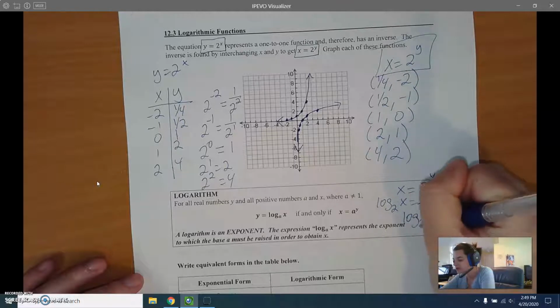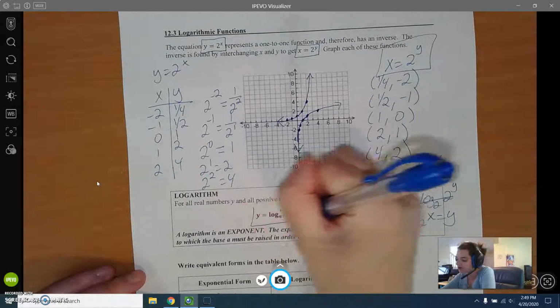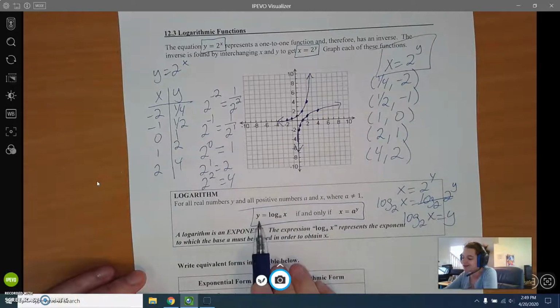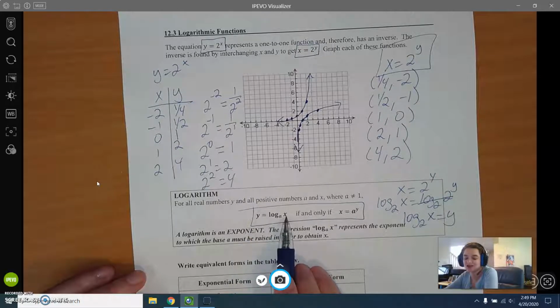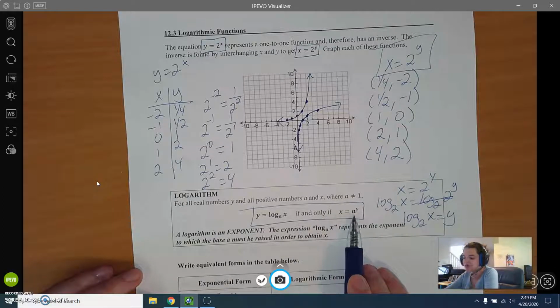So log base 2 of x equals y. That's what that looks like. So in general, this is going to be very, very helpful. It's inside the box and inside the bolded part. In general, it looks like this: y equals log base a of x, if and only if, which means it goes both directions, x equals a to the y.